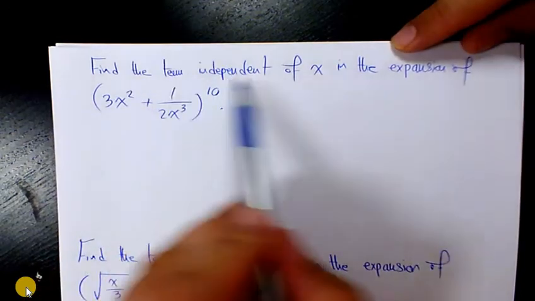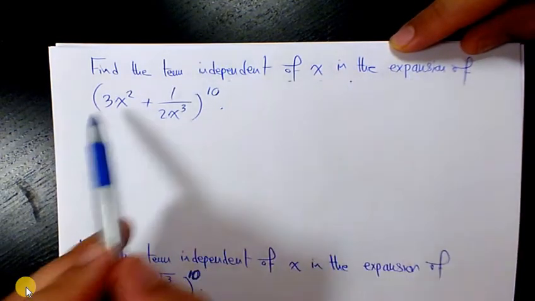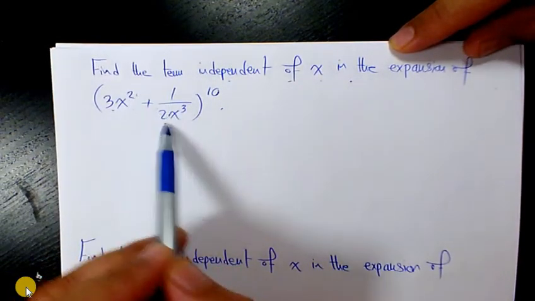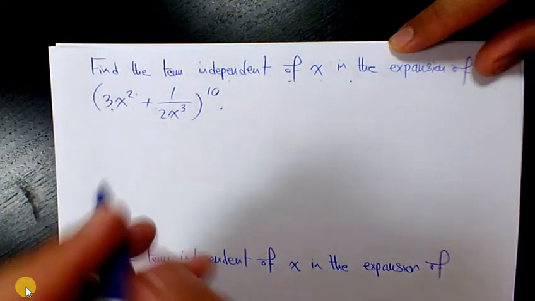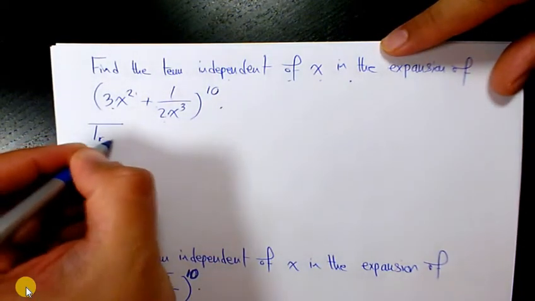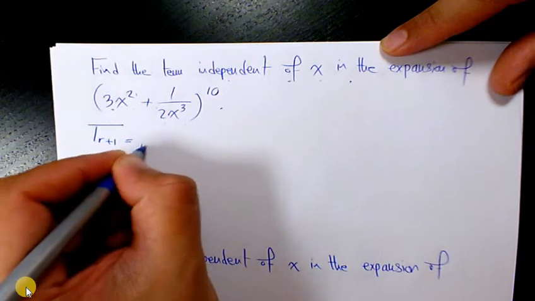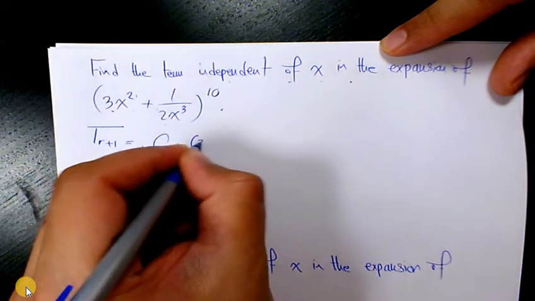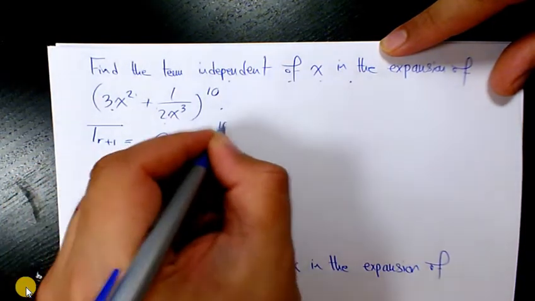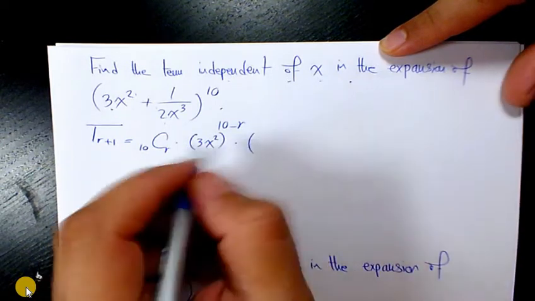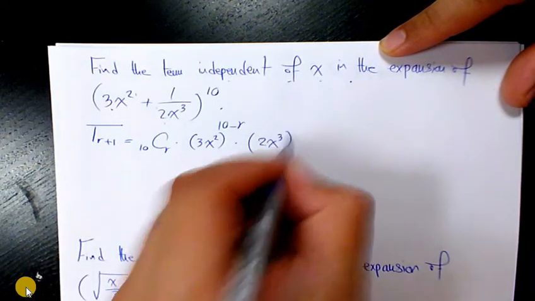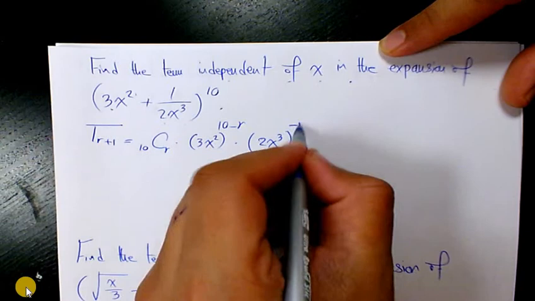Next one. Find the term independent of x in the expansion of (3x² + 1/(2x³))^10. So again, T(r+1) is going to be 10Cr (3x²)^(10−r) times (2x³)^(−r).